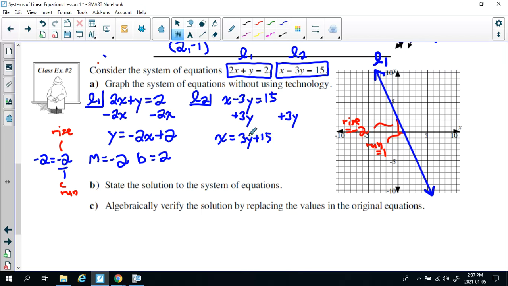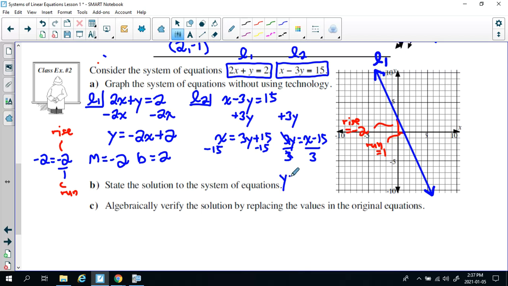But I don't want this 15 here, so I'll get rid of it to isolate the y. Minus 15, minus 15. And then I would have 3y is equal to x minus 15. To get the y by itself, divide both sides of the equation by 3. So if I divide by 3, divide by 3, these 3's cancel off.